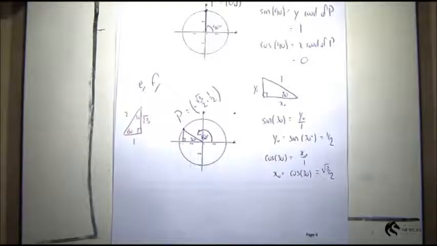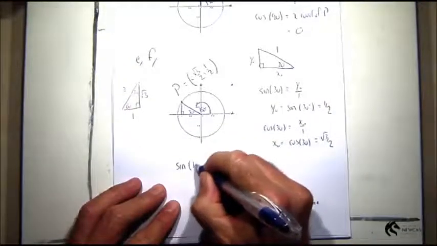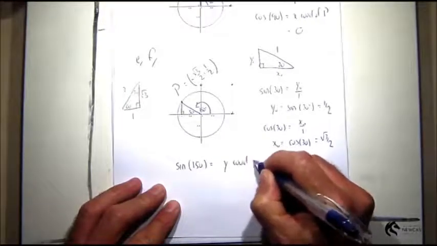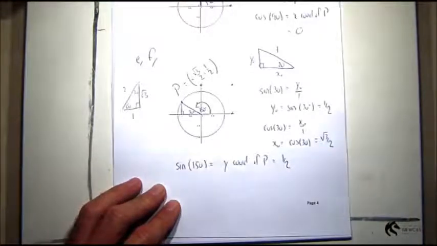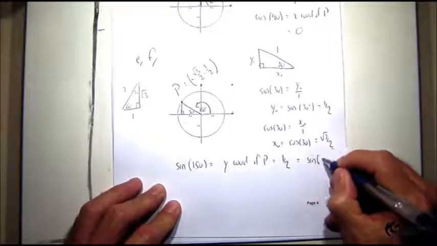And so I can now say the sine of 150 degrees is the y-coordinate of P, and that is a half. And notice that it's also equal to the sine of 30 degrees.